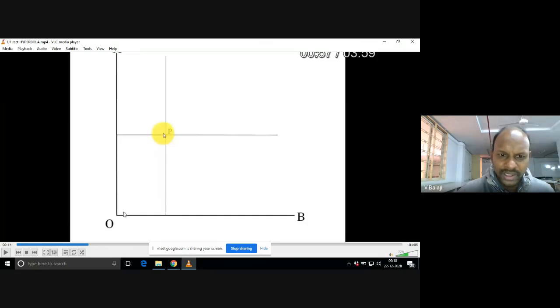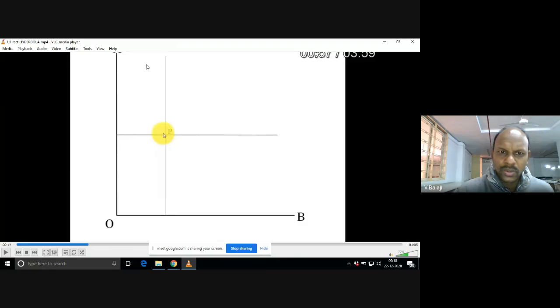Now, a point is located in such a way that it is 30 mm from OA and 50 mm from OB. You can even assume it is 30 and this is 50, but let me take the distance of that point from the OA line as 30.